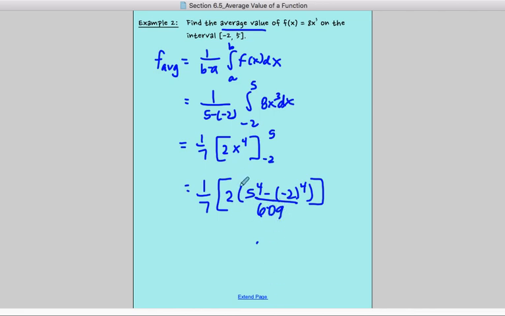Then I would take 609 times 2. So I would have 2 times 609 divided by 7, which gives me my final answer of 174. That would be the average value of the function for that interval.